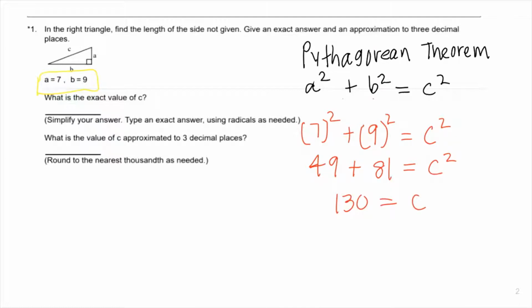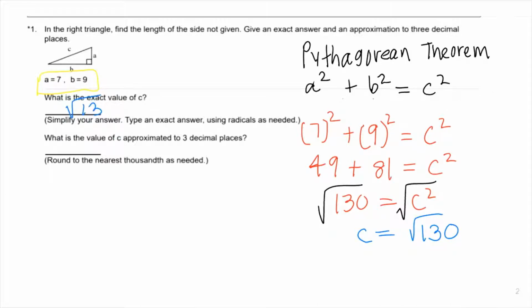Now to find c squared, I need to take the square root. So c is the square root of 130. I think for what is the exact value of c, I can write the square root of 130.